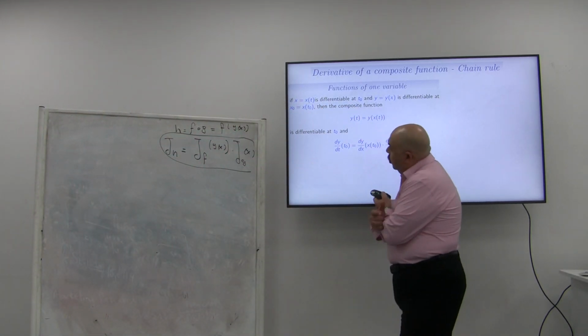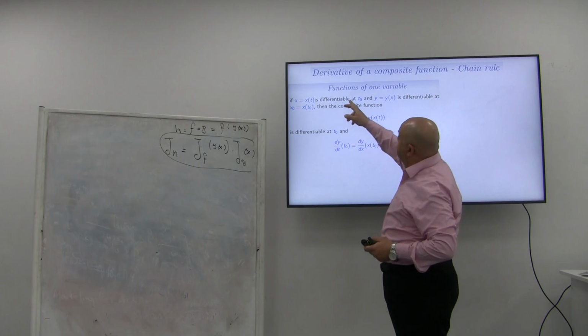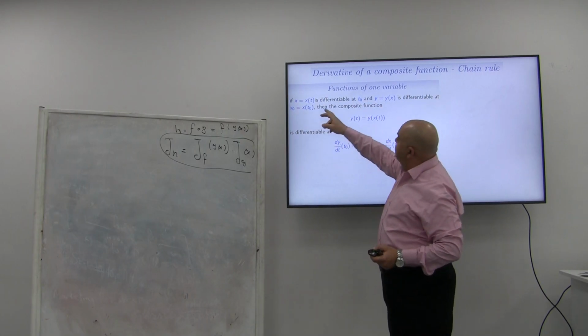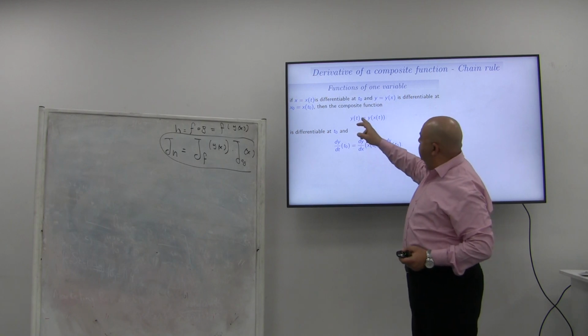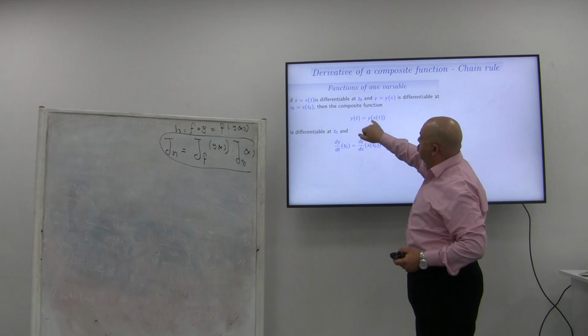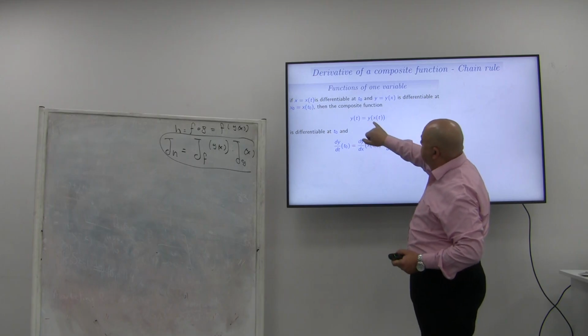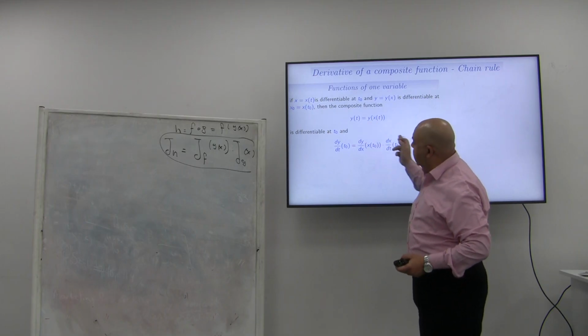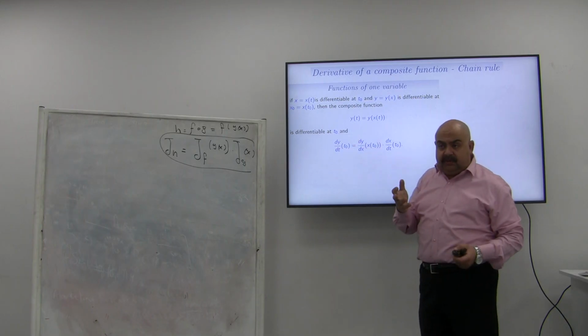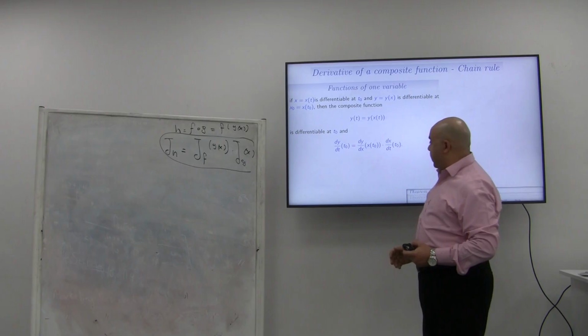So once more, if x of t is differentiable at t naught, and y of x is differentiable at x naught, then for the composite function y as a function of x of t, I differentiate the first function, then multiply by the differentiation of the argument. This is the rule we use for composite functions in one dimension.